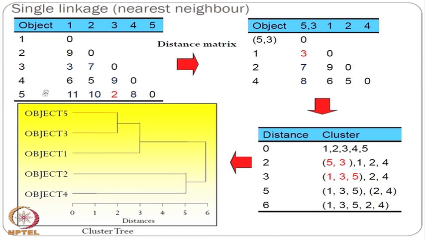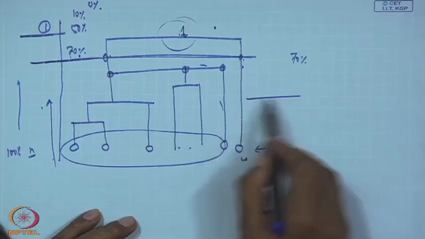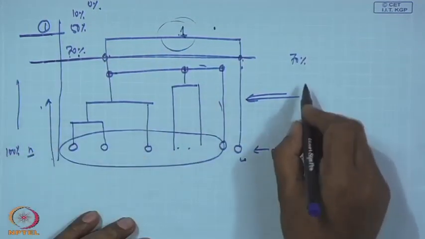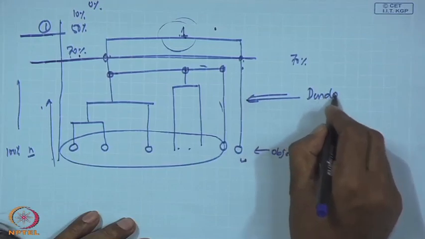What is this diagram known as? This diagram is known as a dendrogram. Okay, actually this is what I told you, the same diagram, it is just rotated 90° there. So, this is known as a dendrogram.